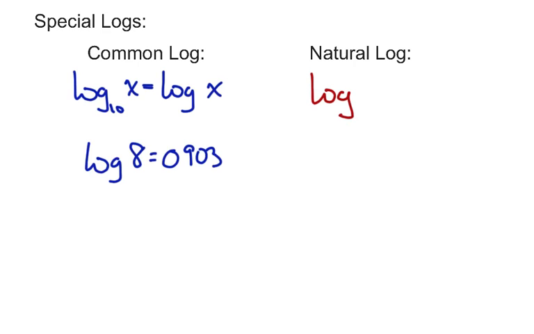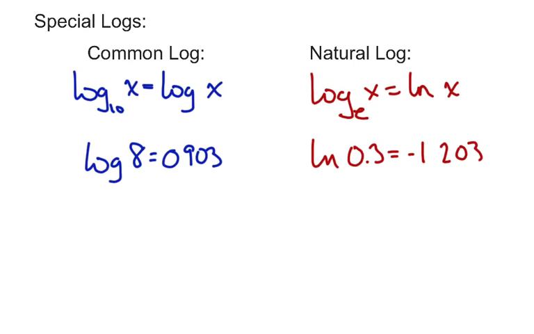The natural log is log base e, that natural number, and it's abbreviated ln. You might notice the ln button probably right next to the e button on your calculator. So if you needed to find the natural log of, say, 0.3, you can type that into your calculator, and you should do that right now, and make sure that you get negative 1.203.